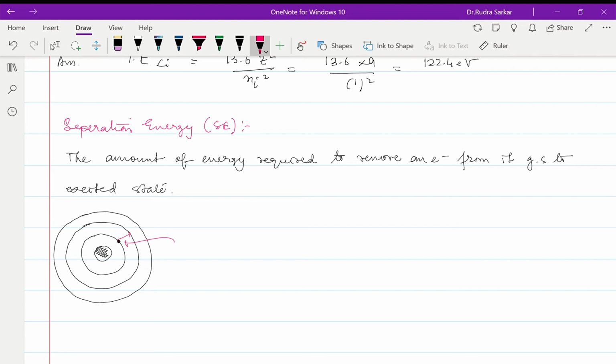This gap of energy is obviously E2 minus E1.